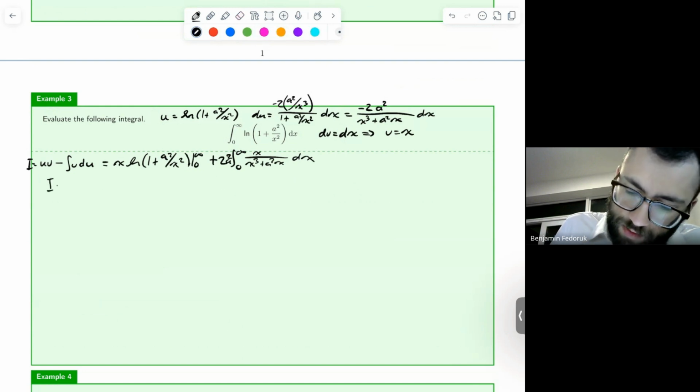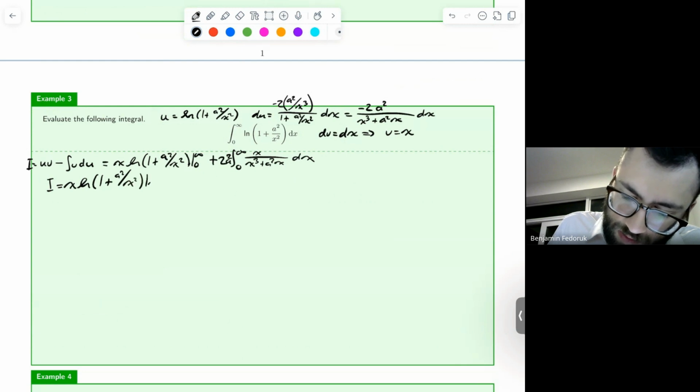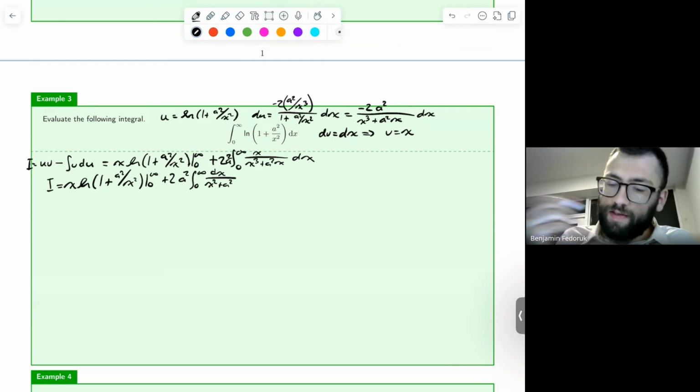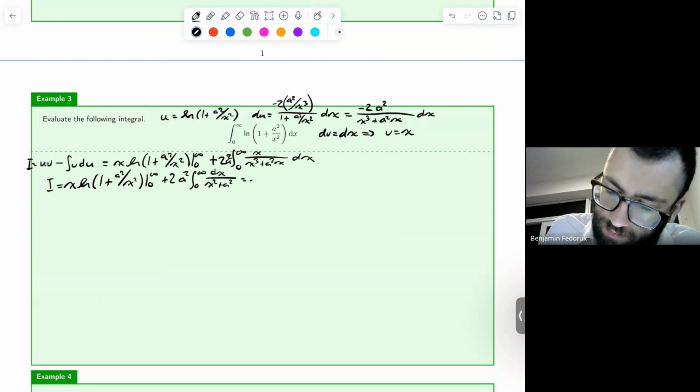So that means our integral is x ln of 1 plus a squared over x squared on these bounds plus 2a squared times our integral of dx over x squared plus a squared. And this integral, like we did earlier, is arctan.